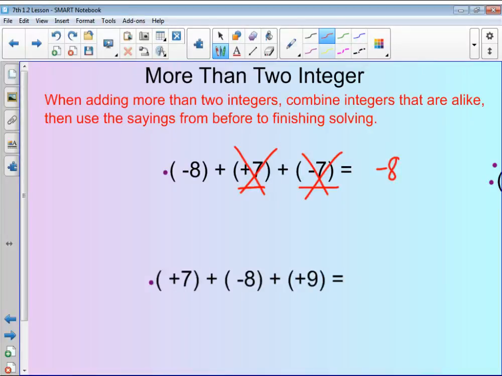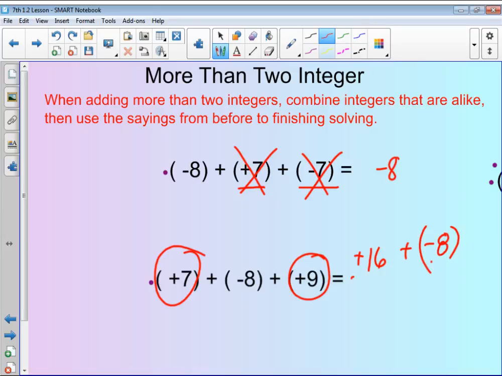Okay, so if we look at the second one that you guys had, I am seeing a set where I've got positives. So same symbol, find the sum. So it's always going to be adding in that first step. So if I add 9 plus 7, it gives me 16. Positive, I'm going to put that on there. And then plus a negative 8. Okay, now we have different symbols.